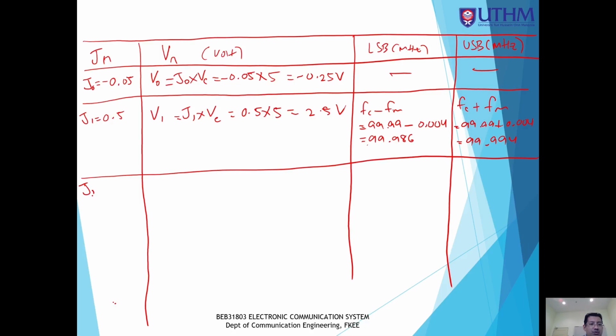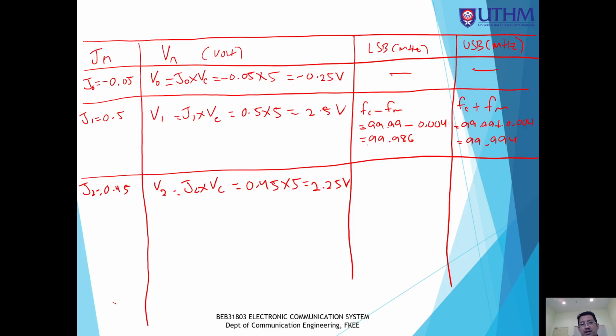And J2 is equal to 0.45. So you get V2 equal to J2 multiplied with Vc. So you get 0.45 multiplied with 5, which is 2.25 volt.